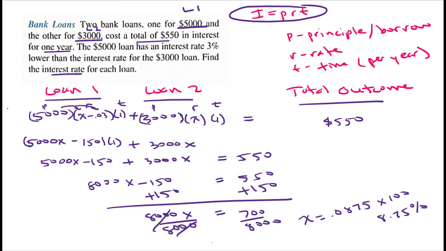So this is the $3,000, at 3K. And then for the other one, we just need to subtract 3% from this number.